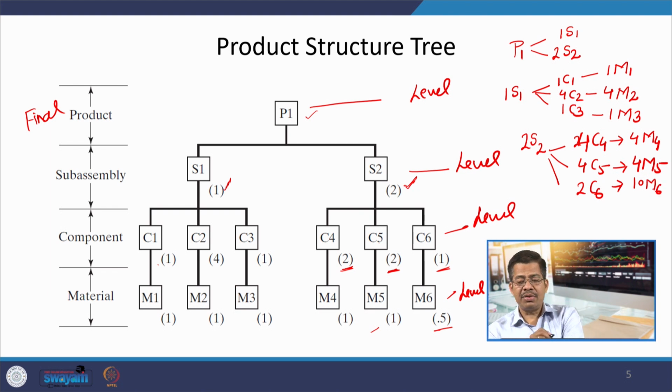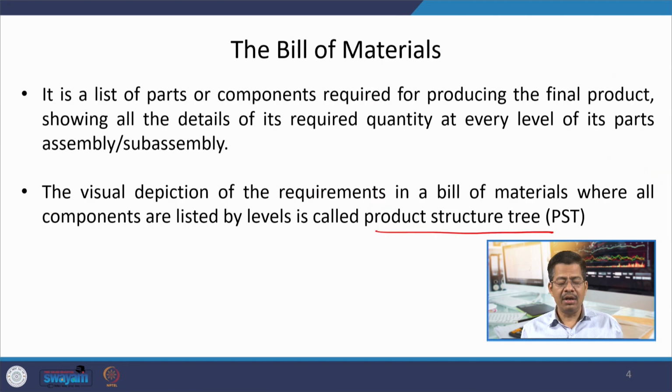So, in this way you understand, for making 1 P1, you require 1 M1, 4 M2, 1 M3, 4 M4, 4 M5 and 10 M6. That is the total material requirement for making 1 unit of final end product, that is P1. So, this is a bill of material, that how many different types of sub assemblies, components, materials you require for making your final product.